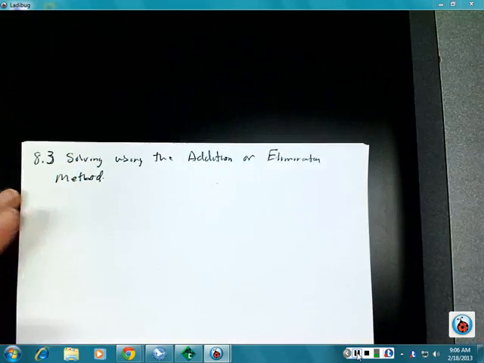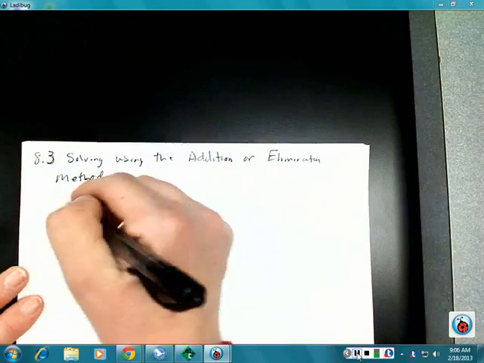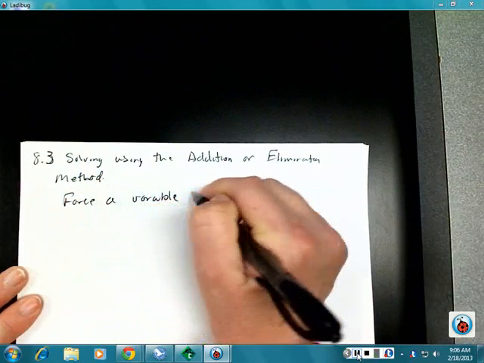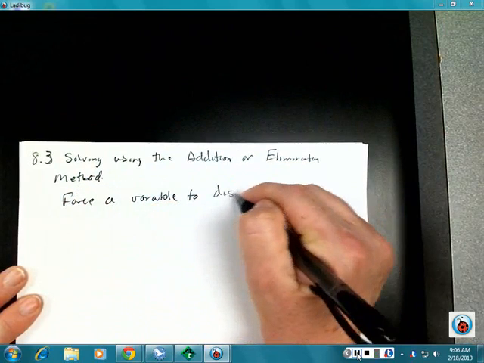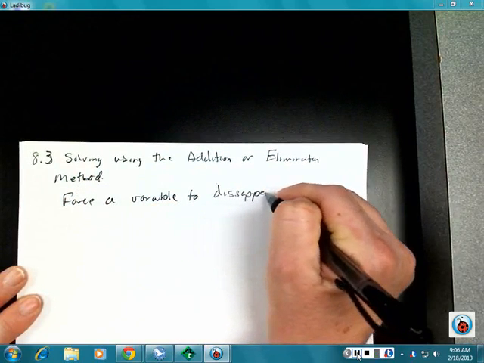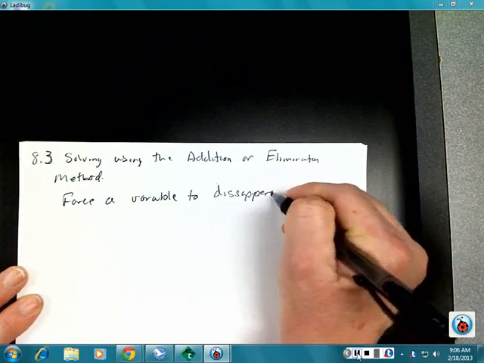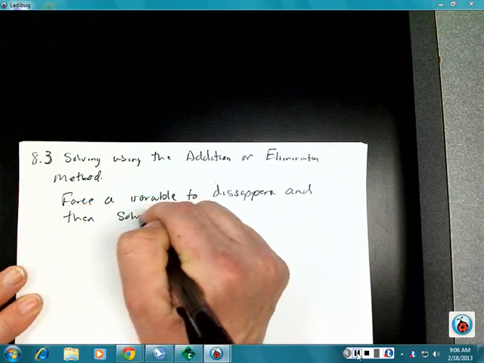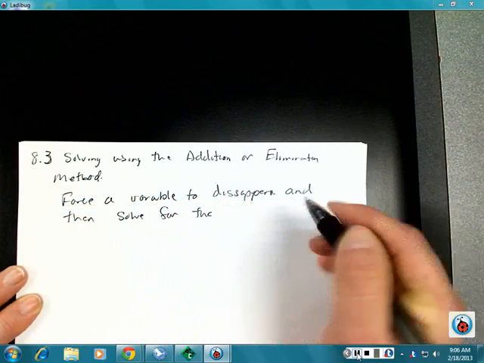And it's easier because you force a variable to disappear, and then solve for the other variable.